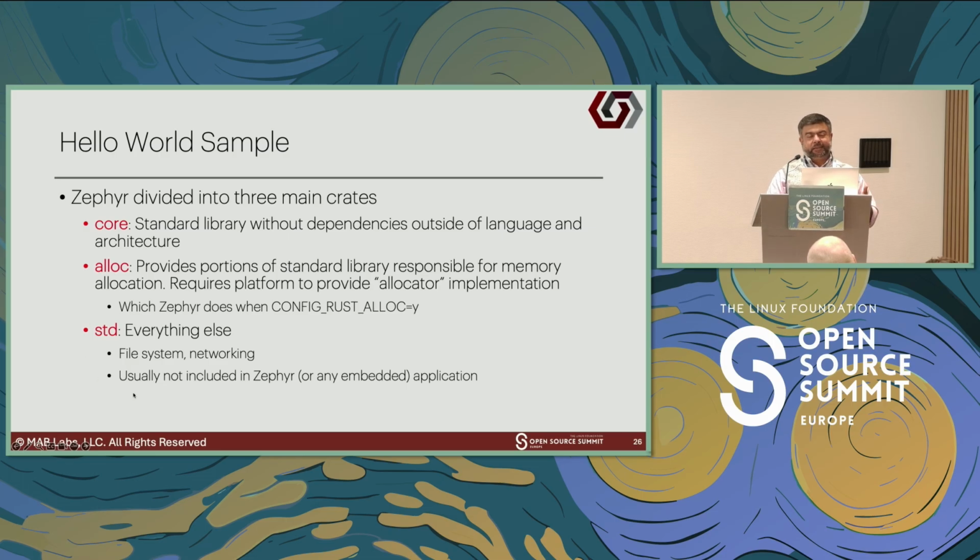Again, that has a lot of features in it, like file system and networking. And typically in embedded applications, and also in Zephyr, we don't usually include it. So you'll see in a lot of Rust applications that are targeting Zephyr, or really any embedded application, the attribute defined to do no STD, which means not to use the standard library.